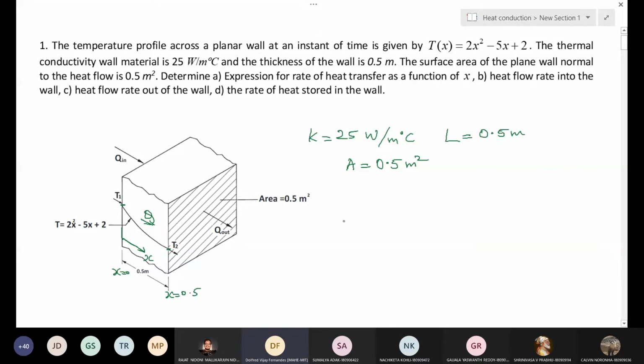Now tell me what we can do. We have the temperature profile here, T of x. So to obtain the heat transfer, we use Fourier's law.